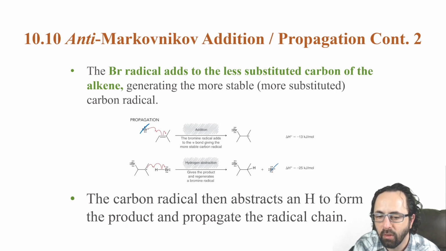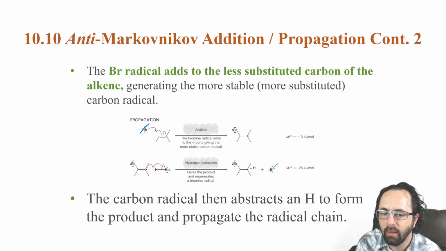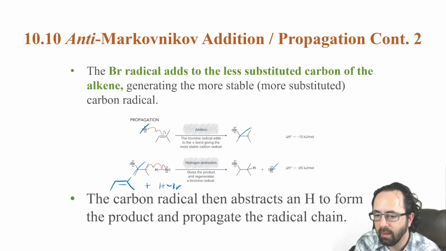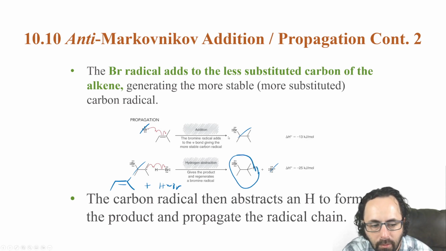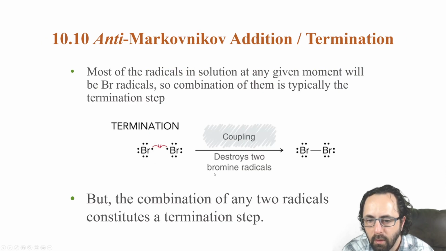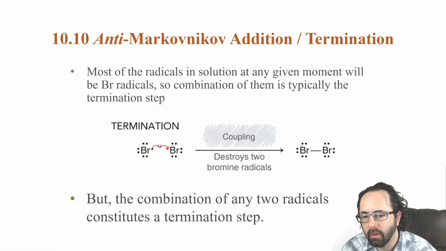Bromine is used up, bromine's produced here, and then this radical is used up, this radical is produced. So what we get overall in the presence of the ROOR is this alkene plus the HBr produces this one here, the more substituted hydrohalide instead of the less substituted. Finally, this mechanism ends with termination by the coupling of the radicals.